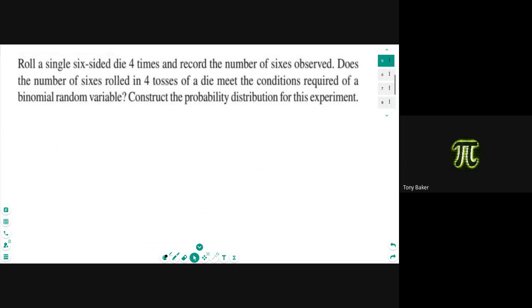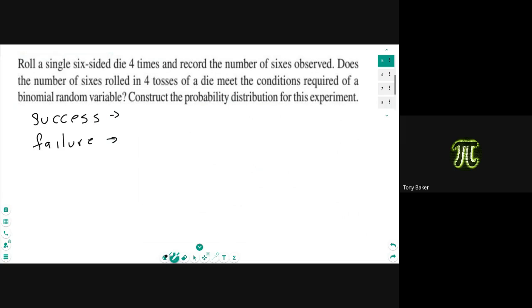Why? Okay, so what am I looking for? So, okay, so for it to be a binomial experiment, I need a success and I need a failure, right? Those 2 things.